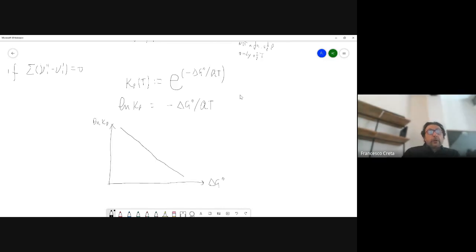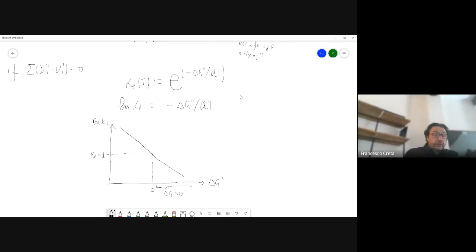Now, why is this important? When delta G0 is equal to 0, we have a 0 here, because there's a logarithm, so Kp is equal to 1. On the right side of this 0, delta G0 is bigger than 0.